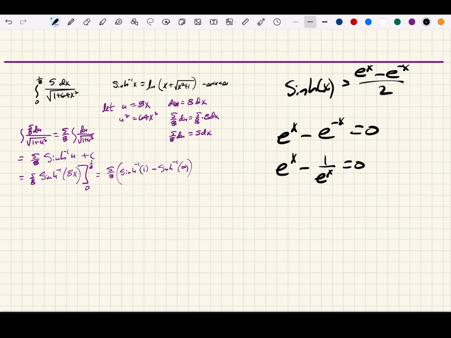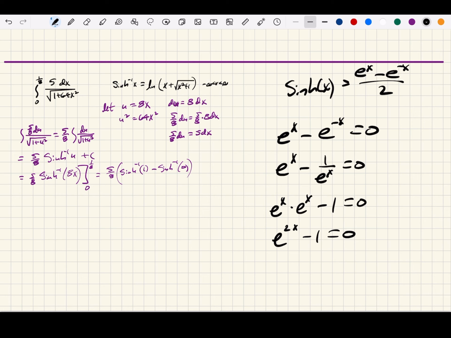Then I have a rational equation, so I would multiply both sides by e to the x. So I'd have e to the x times e to the x minus 1 equals 0. When I multiply with like bases, I add exponents, so that'd be x plus x, or 2x. Or you could think of it as a square, multiply exponents. Same thing either way.